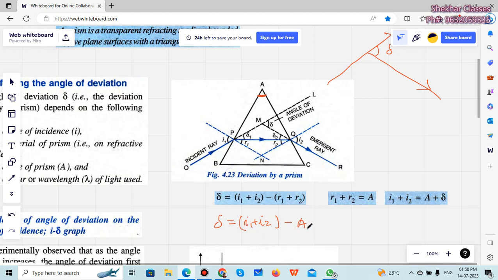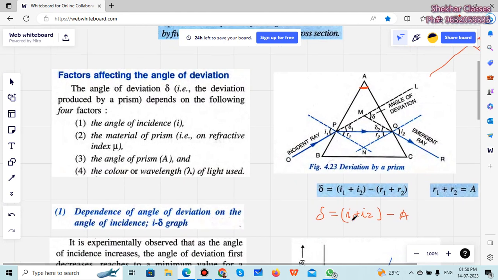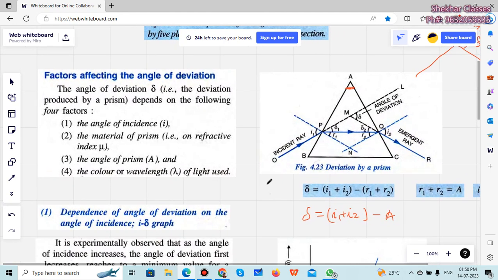If angle A is less, deviation will be more, because it has to be subtracted. Is that okay? Now the color or wavelength of the light which is used also matters. Violet bends the most and red bends the least, because red has a bigger wavelength, so its velocity is more. Violet has a smaller wavelength, so its velocity is less, and it bends the most.